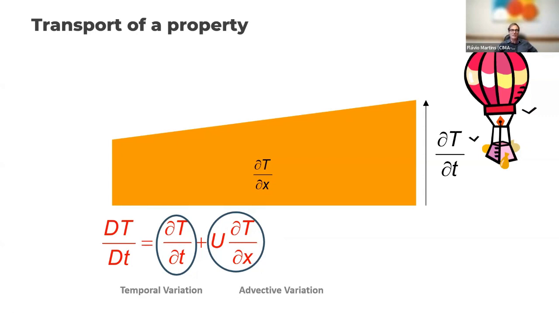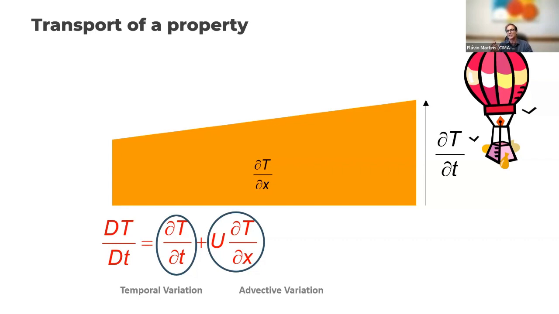So basically you have here two methods of looking at the fluid or analyzing the fluid. One method is like being in a balloon or being attached to a fluid particle. If you are attached to a fluid particle, you are analyzing the fluid as a Lagrangian observer.